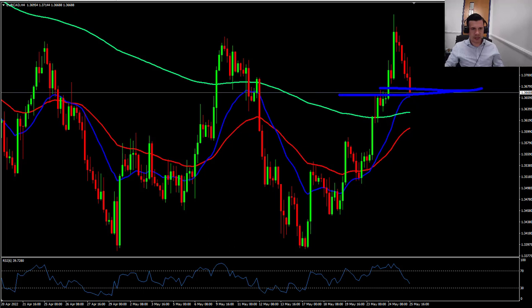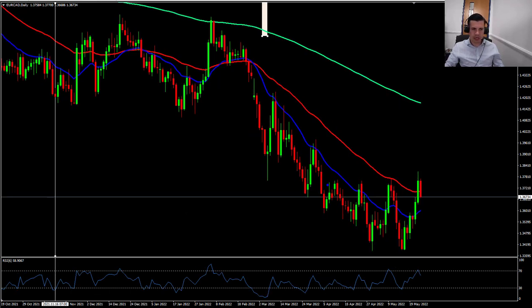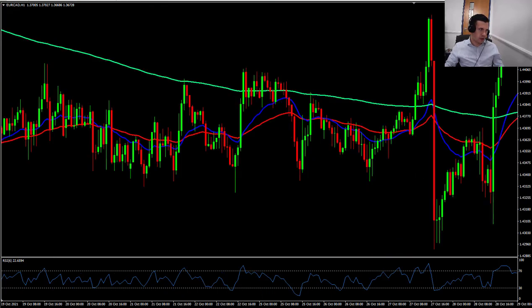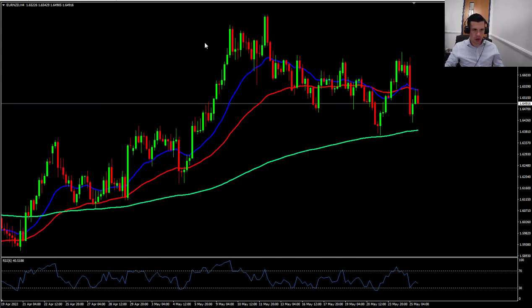Euro CAD, again, just keep an eye on what price does in and around this 137 area. Lots of sellers coming into play as we speak. The daily market is trapped in this range in here. And this is what we're going to discuss, and I'll do another video discussing the range and how price is behaving during this current position.